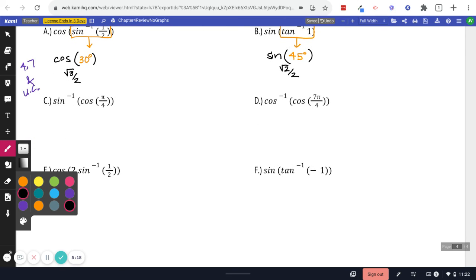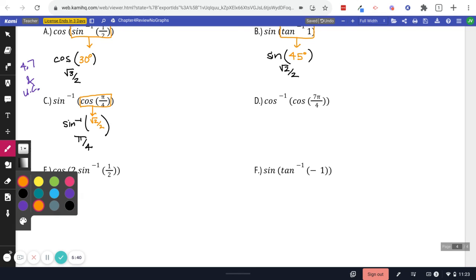Cosine pi over 4. So here's a case that's starting in radians, so my answer should be radians. Cosine of pi over 4 is root 2 over 2. Sine inverse for that particular ratio is pi over 4.